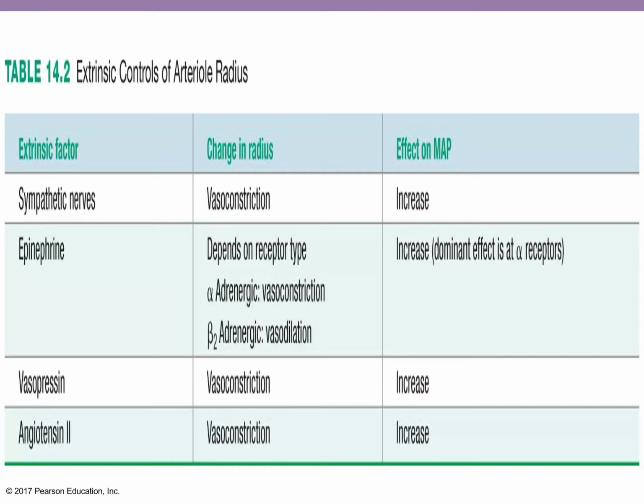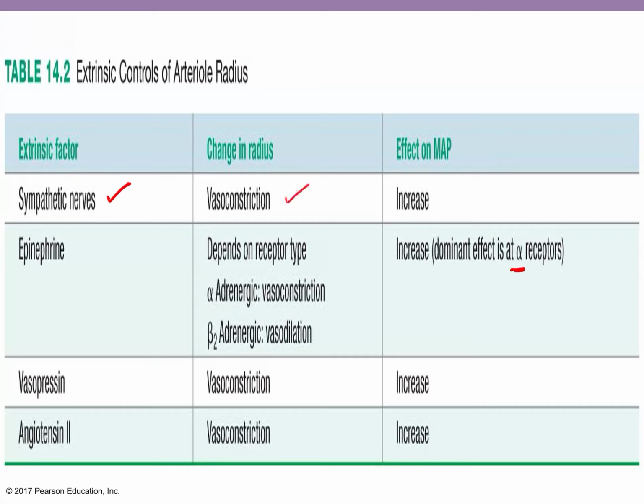Extrinsic control. So outside of the blood vessels themselves, what can control the contraction and dilation of your arterioles is the nervous system and hormones. Okay, so the sympathetic nerves are going to go to your smooth muscle, and the smooth muscle receptor here for norepinephrine is going to be called alpha adrenergic. So alpha receptors.